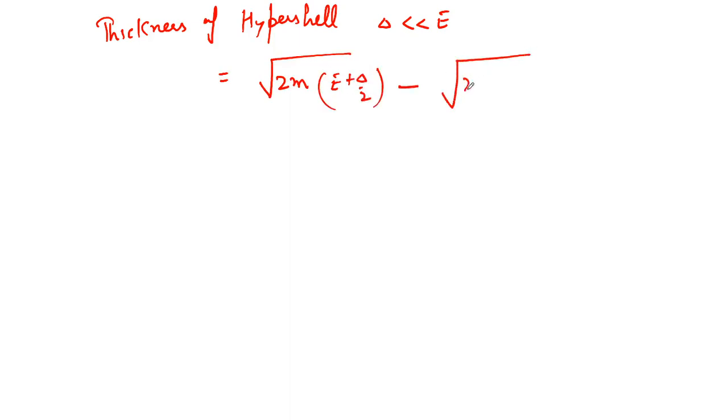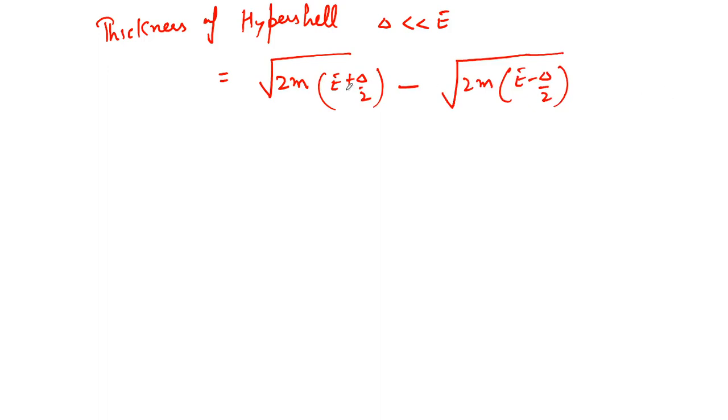Now the value of delta which is being changed is very small as compared to the E value of our microstate. So the thickness of the shell can be calculated as square root of 2m(E plus delta by 2) minus square root of 2m(E minus delta by 2).